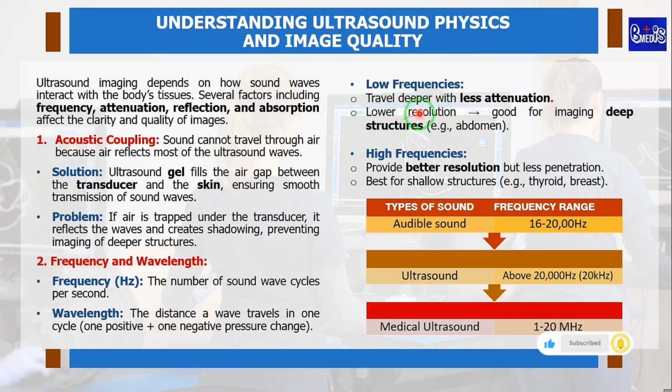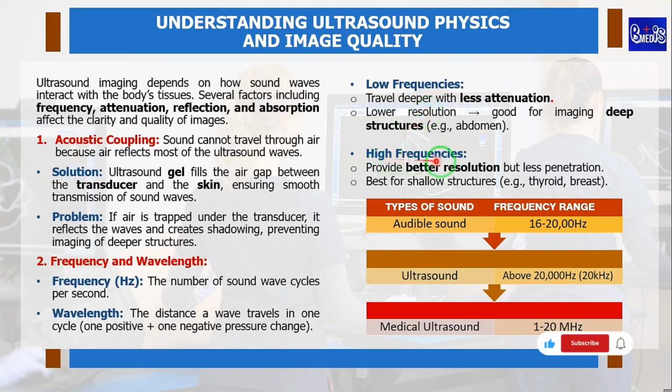Your image may not be as clear as you want. So that's why if you are evaluating obstetrics or abdomen, you use a probe with 3.5 frequency, which is low. But when you are examining breast, you use a probe of higher frequency like 7.5 megahertz, which can travel less distance but gives good resolution. So for low frequencies, you get good depth, but you get reduced image quality.